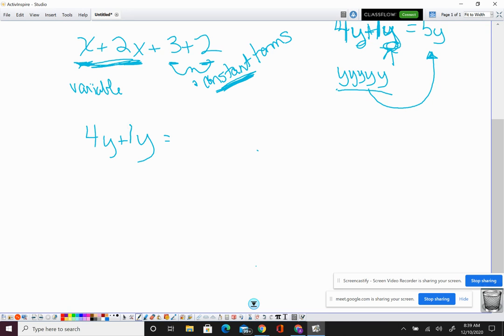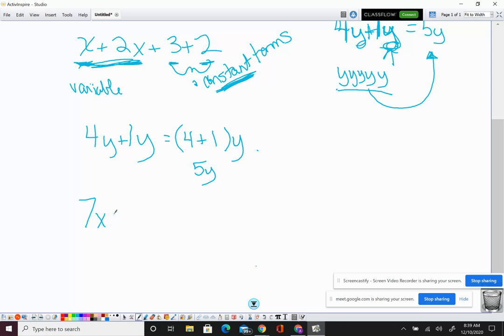Well, another way to think of this problem is to say that we have a y here that's in both terms. That's in common. So that y was distributed out over both terms, and those two terms were a 4 and a 1. Now we have the 4 and the 1, and we can simplify that down to 5y. So we're really using the distributive property here when we're simplifying things down.